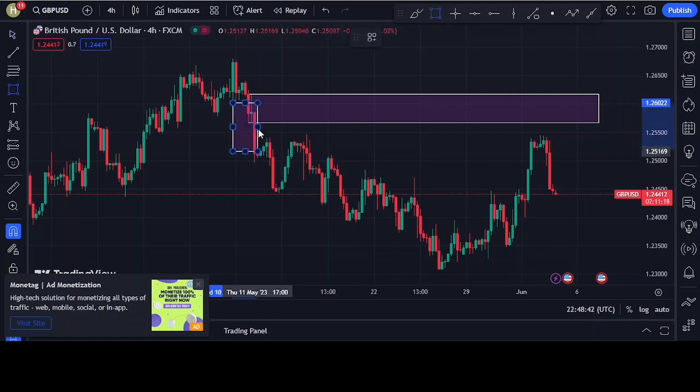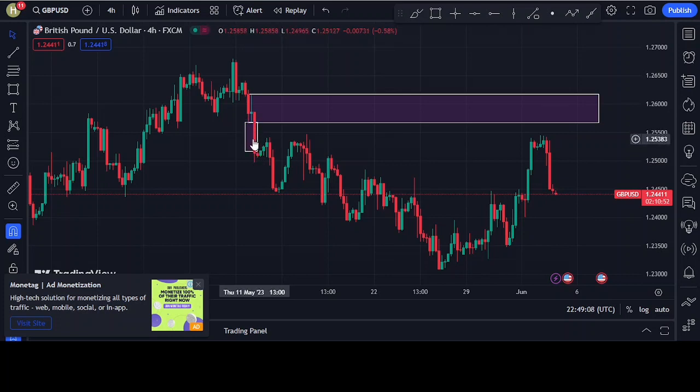This is the imbalance area: from the low of the wick of the green candle to the high of this small bearish candle.